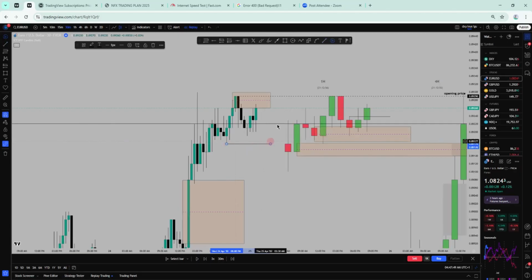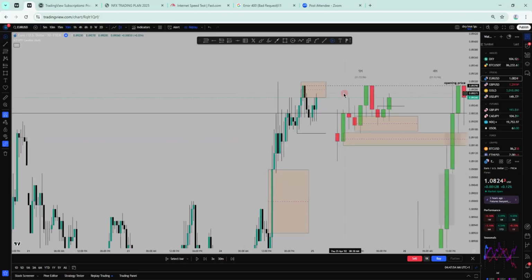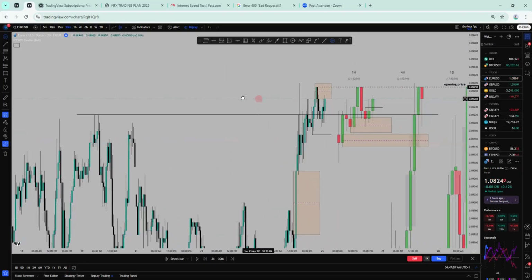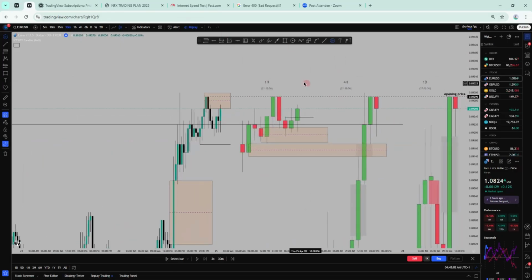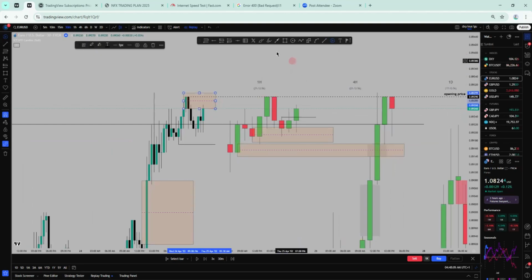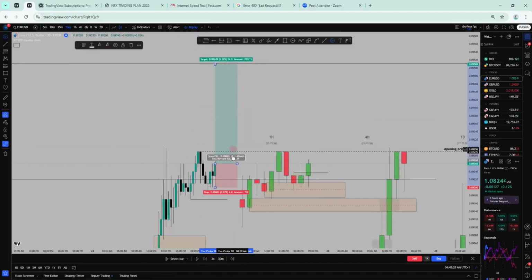But we haven't had any clear liquidity purge at this level, and price is struggling to move higher. So which means for me personally, maybe we want to just sit out on this one and then watch how it goes. But if there was some form of liquidity grab below this low, which was likely to fill this fair value gap, then we could have taken our buy the moment we had that close, been in on a long trade directly from here, and then put our stops just below that low, like that, and then try to target this high.